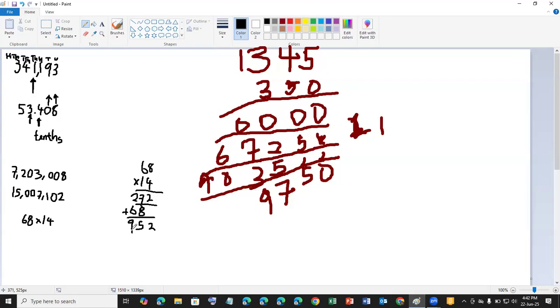Yep. This is actually meant to be 0. So this is 0. Then now this 7.